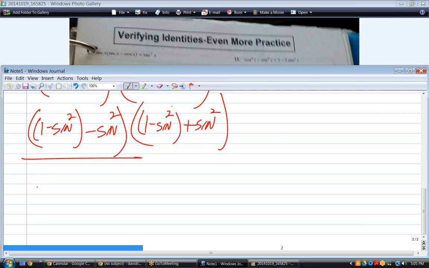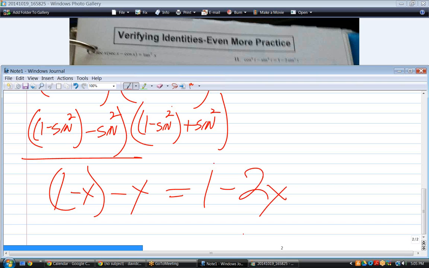No. When you subtract sine squared minus sine squared, you do not get sine to the fourth. You get 2 sine squared. In other words, this is no different than in algebra. If I had 1 minus x minus x, that's equal to 1 minus 2x.